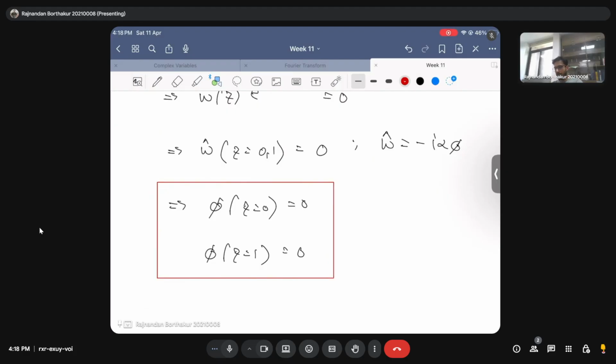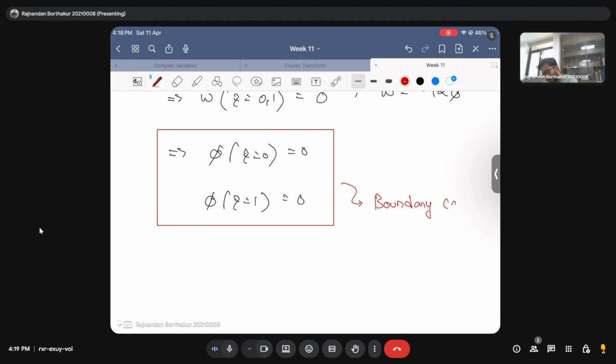Indeed, you can see that the boundary conditions are also homogeneous. So the boundary conditions, which are the no penetration conditions at z equal to 0 and 1, are also homogeneous, which means it's an eigenvalue problem that we are actually solving for.